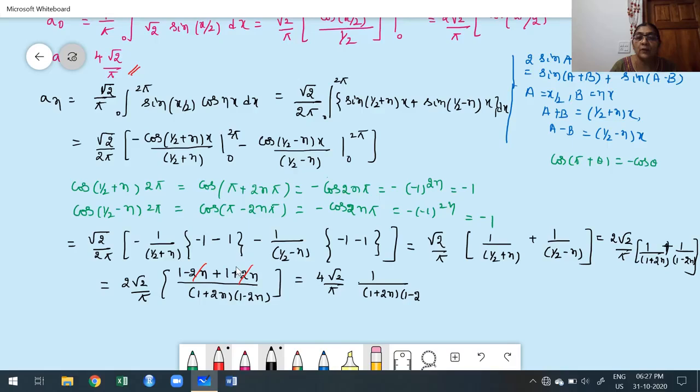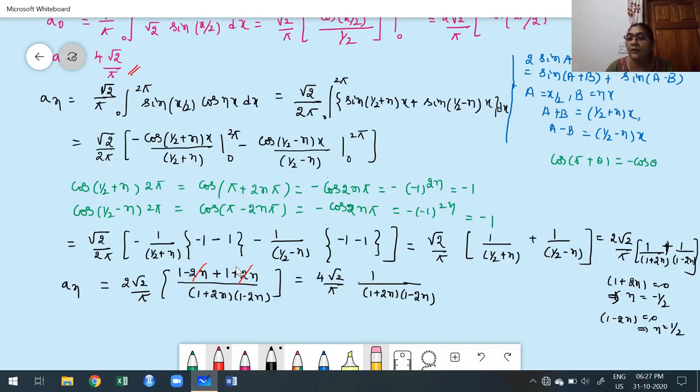1 minus 2n. I told you a number of times, before moving to the next step, check whether this is true for n equal to 1, 2, 3. How can you know that? Pick the denominator factors. 1 plus 2n equal to 0 is one factor, which implies n is equal to minus half. Minus half is not included in the summation 1 to infinity. Therefore, move to 1 minus 2n equal to 0, which implies n is equal to half.